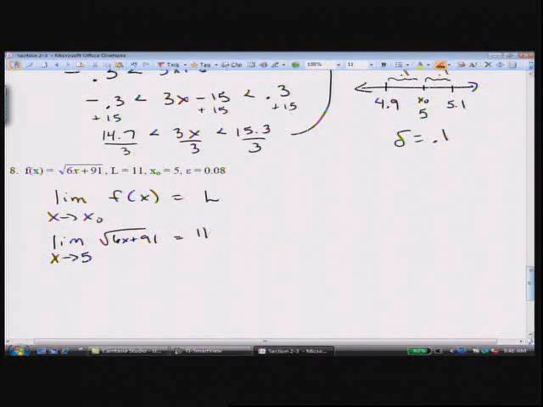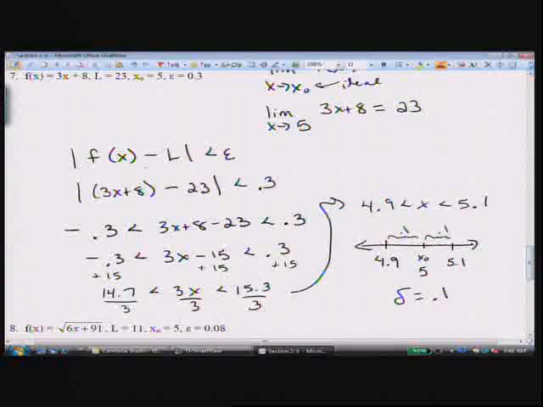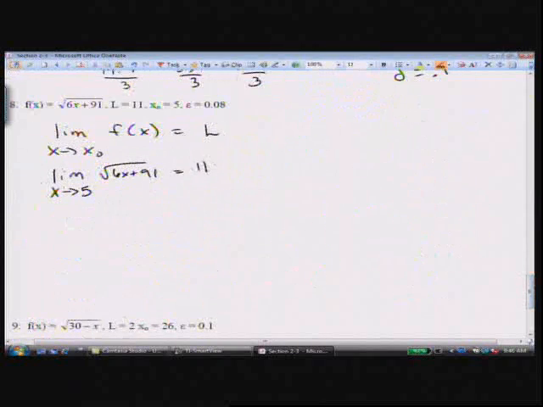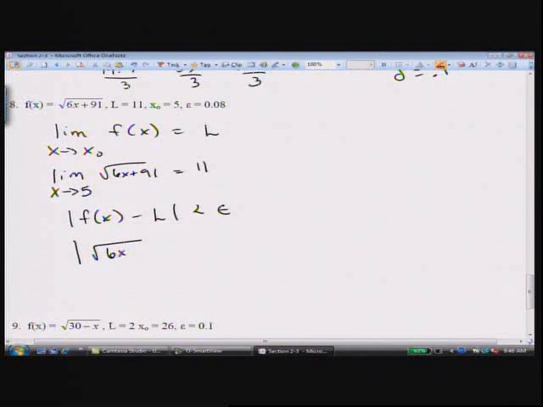So we start with the end. The last statement of the proof, the absolute value of f of x minus L has to be less than epsilon. So we're going to look at that. We want that to be less than epsilon. So for this problem, we want the absolute value of the square root of 6x plus 91 minus 11 to be less than 0.08.